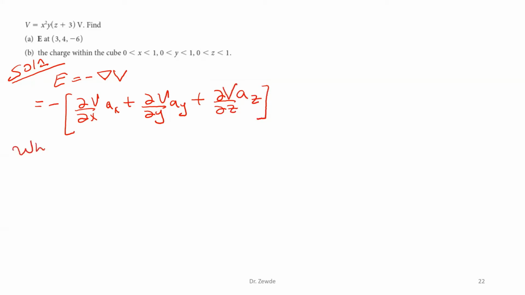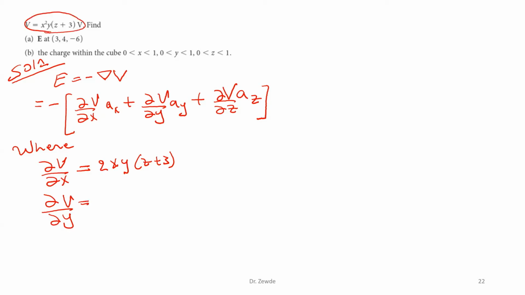Now let's determine each. The partial of V with respect to x gives 2xyz plus 3. The partial of V with respect to y leaves us x squared z plus 3. And the last one is the partial with respect to z, which gives us x squared times y.